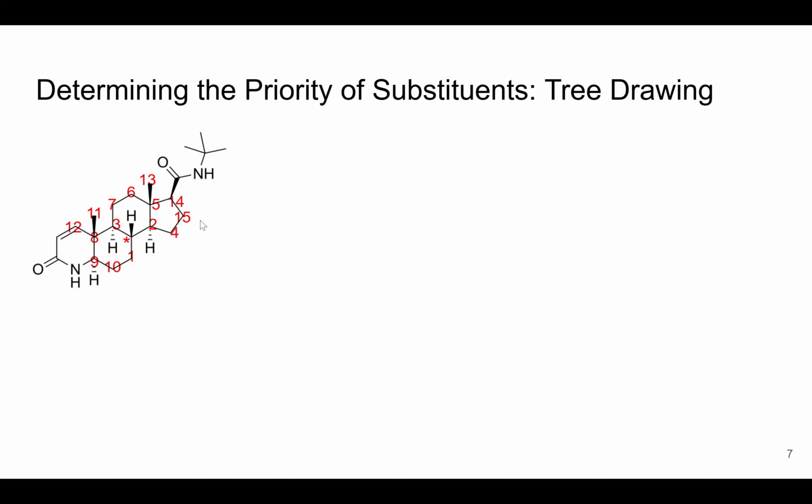If you find yourself running out of numbers, just continue numbering. Okay, so I have represented the carbon we're interested in with this circle. Next, I am going to draw out the atoms around it. So you have carbon 3, carbon 2, carbon 1, as well as a hydrogen. The hydrogen is the hydrogen that's pointing out here.